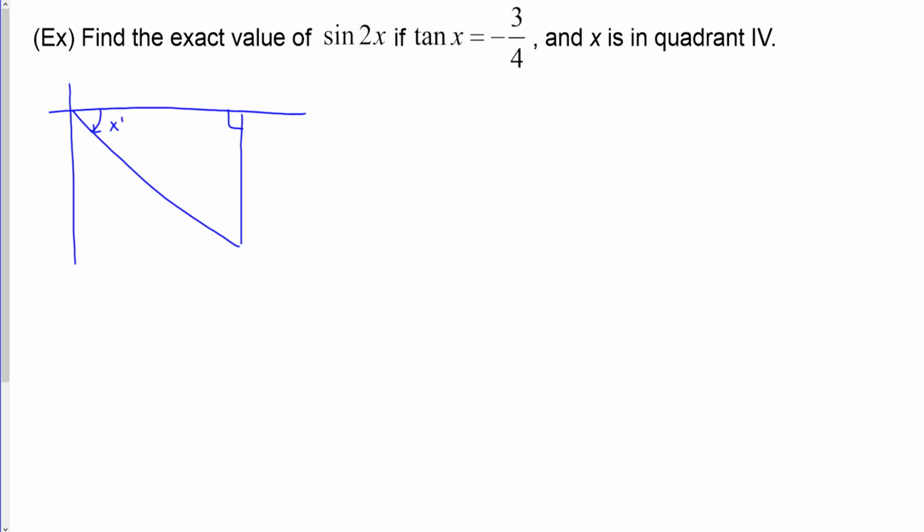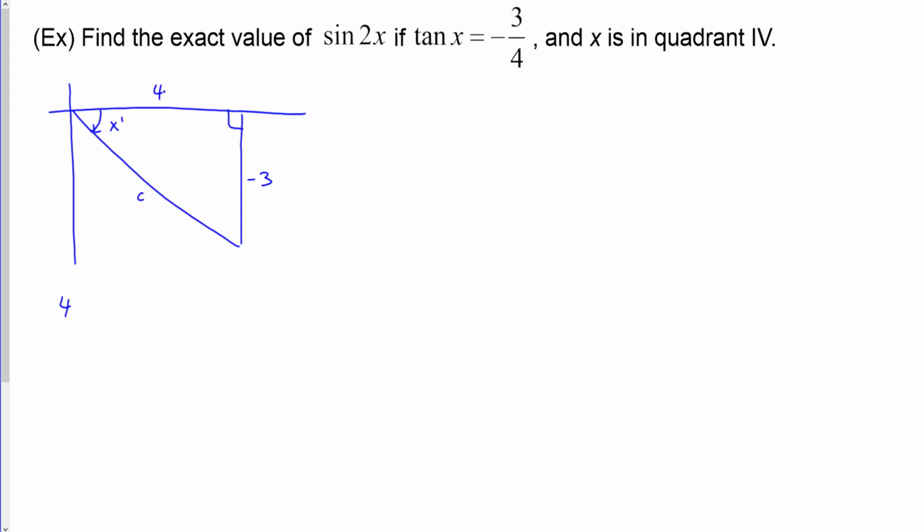So tangent is the opposite side over the adjacent side. What I need to do then is solve for this value right here, which I'll call C, because C is usually the reserved letter for the hypotenuse. Not that it makes a lot of difference.